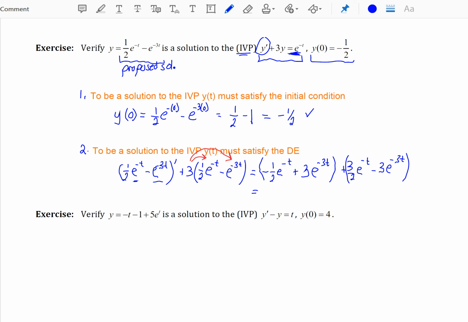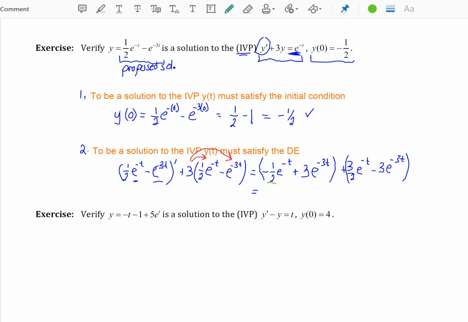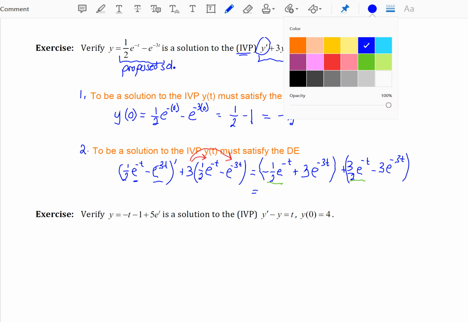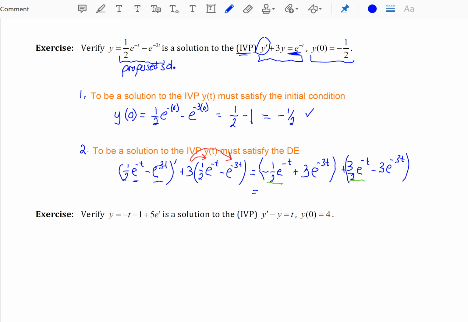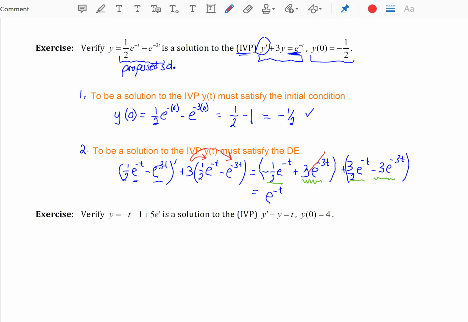Now let's combine like terms. If you combine the negative 1/2 e to the negative t and the 3/2 e to the negative t, this will just be e to the negative t. And when you combine the 3e to the negative 3t and the negative 3e to the negative 3t, notice that these are opposites and they cancel.